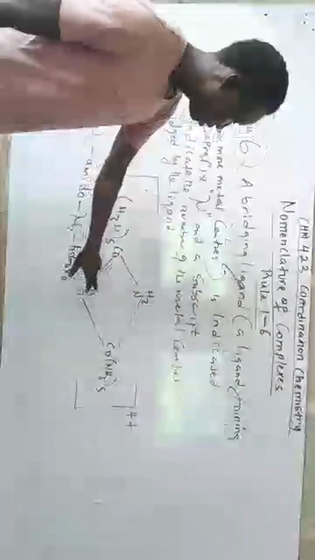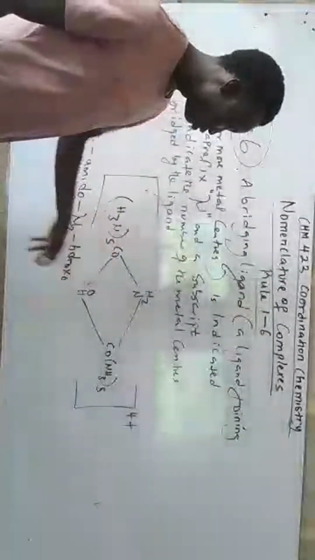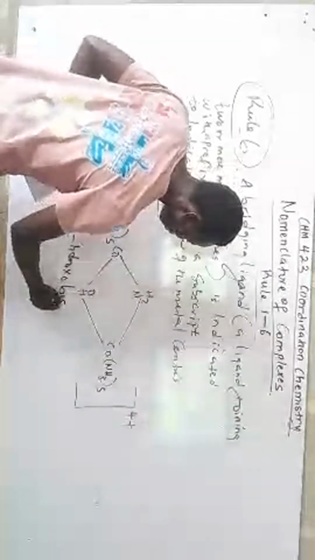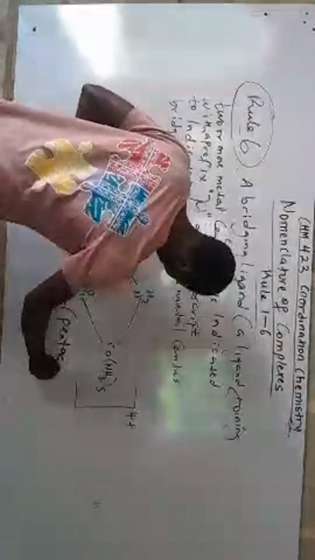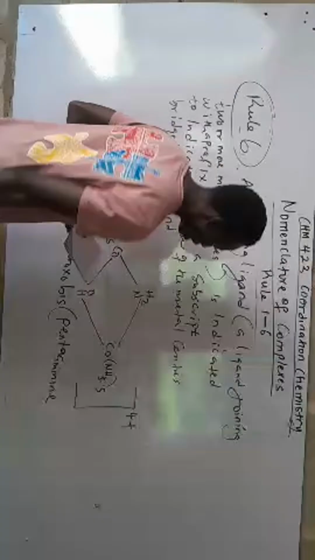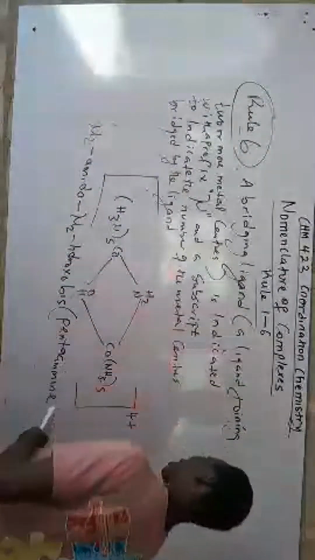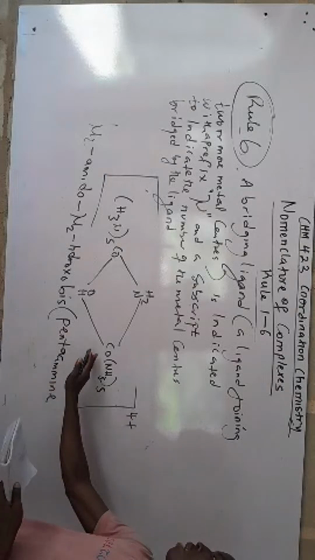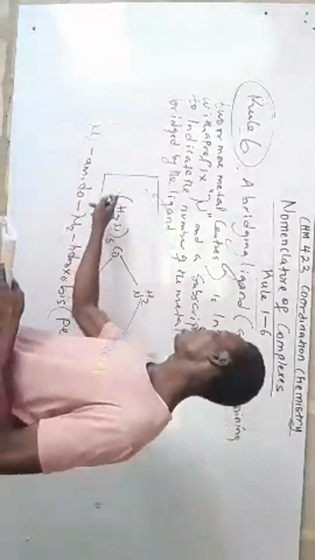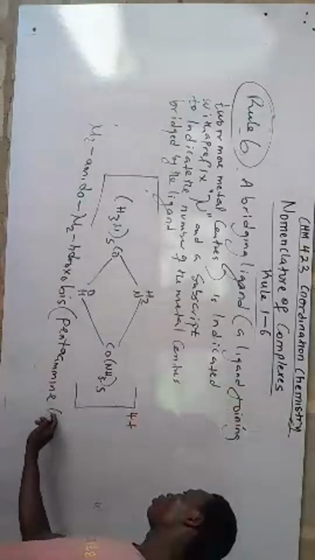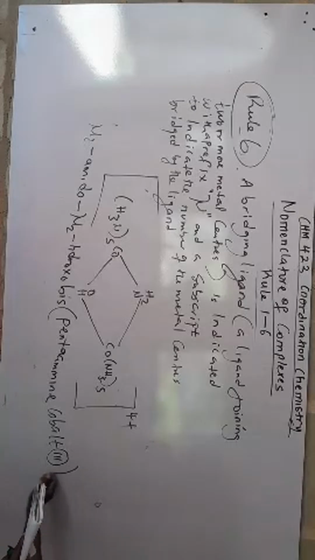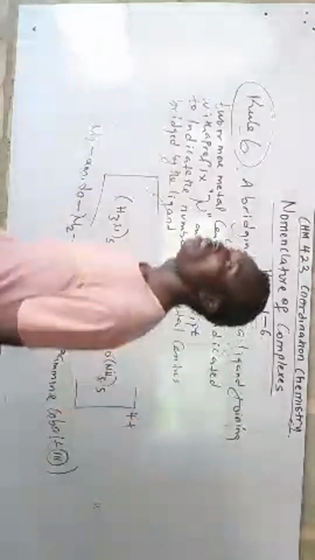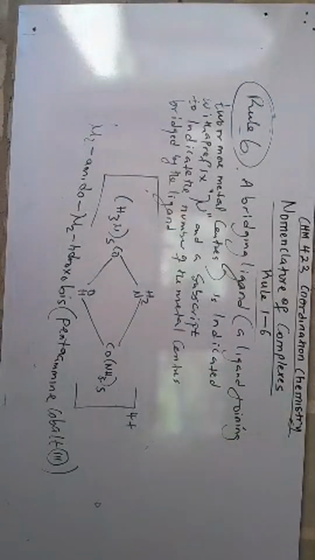Now this and this, the amido, the hydroxo, then we now have what we call bis(pentaammine). After the pentaammine, remember the pentaammine cobalt, they are together. This is pentaammine cobalt, this is another pentaammine cobalt. So cobalt. Now the ions of the cobalt are 3 in number, that is cobalt(III). Close the bracket for this.